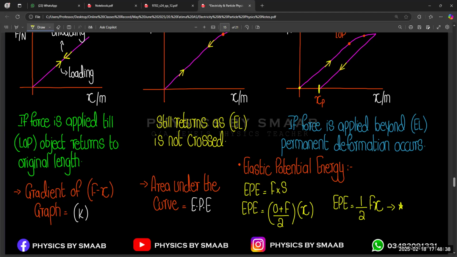So from this idea, we can observe the graphical representation. If there is a right angle triangle in the graphical representation, from that right angle triangle we can easily find the area under the curve, and that area under the curve will be equal to the elastic potential energy of the body, right?